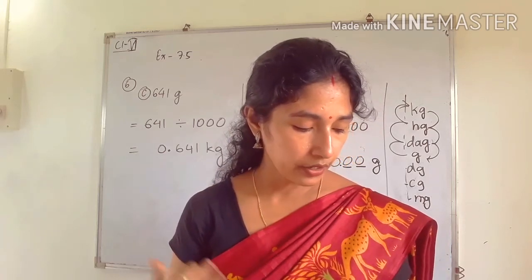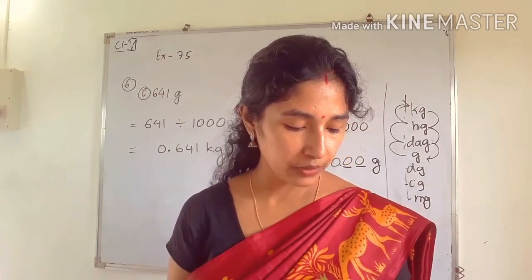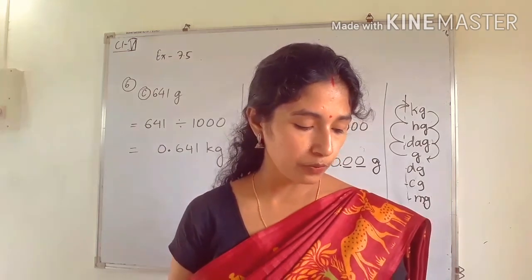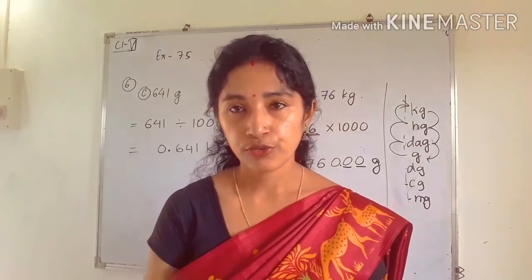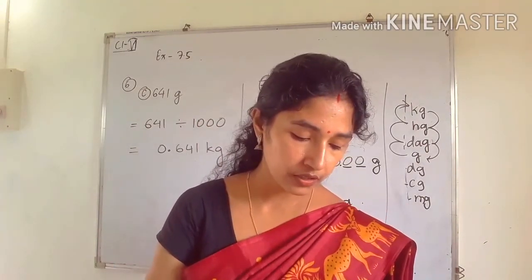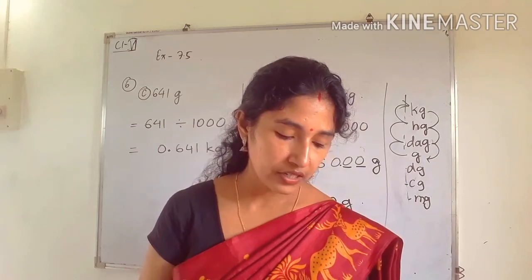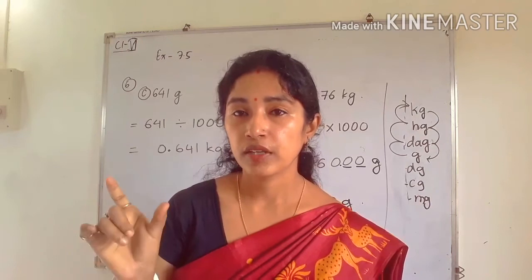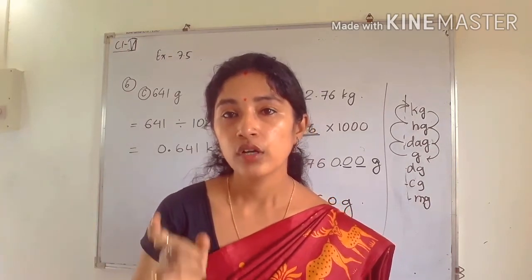Next is number 10. A rope is of length 7.37 meter. If 2.78 meter is cut from it, how much of the rope is left? So here the first question is, there is a rope having length 7.37 meter and 2.78 meter is cut from it. How much will be the remaining length of the rope? That means you have to subtract.